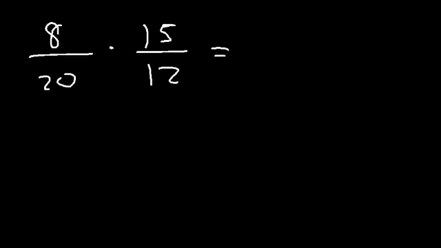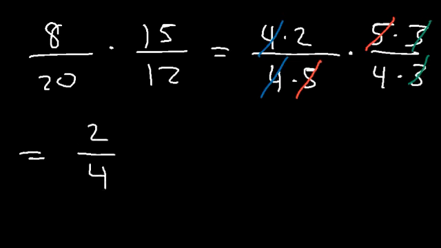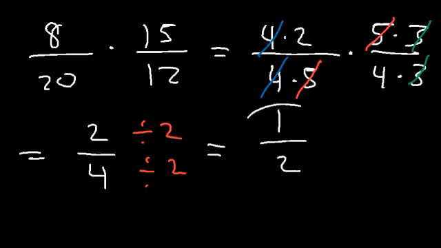So 8, we can rewrite 8 as 4 times 2, and 20 is 4 times 5. 15 is 5 times 3, and 12 is 4 times 3. So notice that we can cancel a 5, and we can cancel a 4, and we can cancel a 3. So right now what we have is 2 divided by 4, which we can reduce further if we divide both numbers by 2. So then the final answer is 1/2.